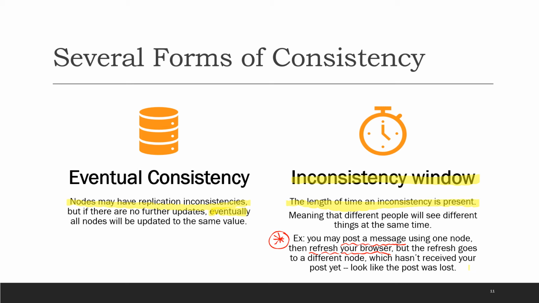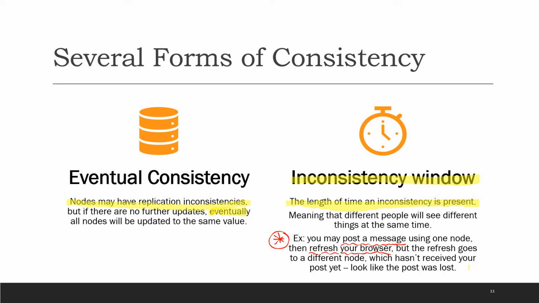But that different node has not received your post yet because the replication has not been made yet, and it has this inconsistency window, right? So after the refresh, you might see that your post is not there yet, but actually it's there, on a different node, while you refreshed data from another node.